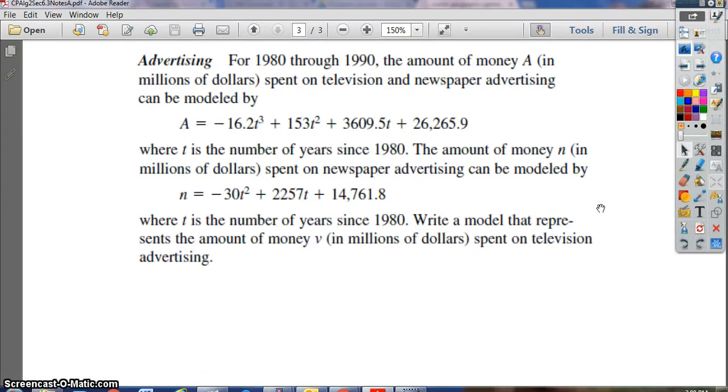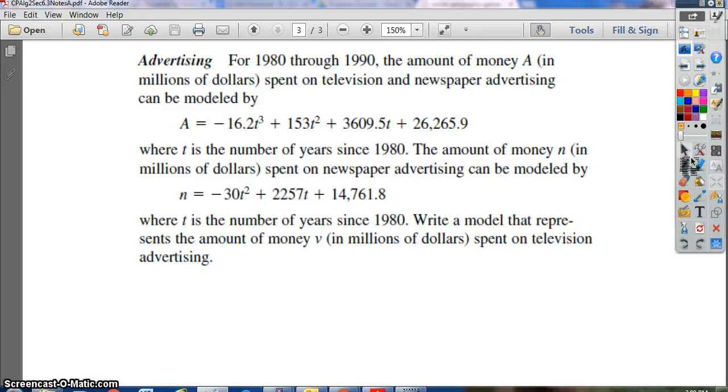As far as your problem here, work problem, take a second to read it, and then we'll go ahead and solve this guy. It says for 1980 through 1990, the amount of money A in millions of dollars spent on television and newspaper is such and such, where t is the number of years since 1980. The amount of money N spent on newspaper is modeled by N equals and so on, where t is the number of years since 1980 as well.